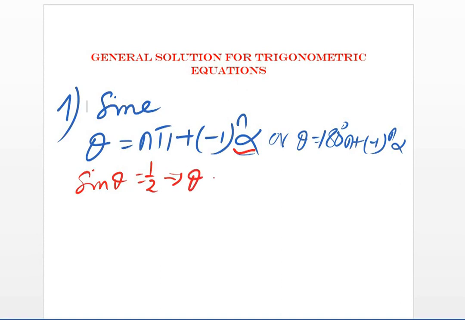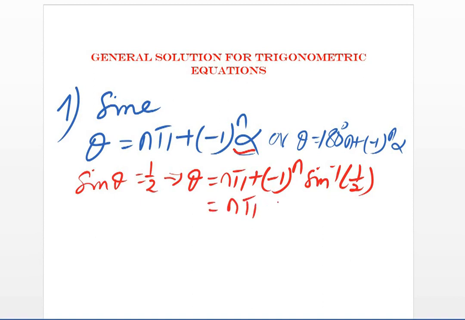So the general solution will be theta is n pi plus -1 to the power n sine inverse of half. And sine inverse of half here, we know is 30 degrees, but in terms of pi, so we have n pi plus -1 to the power n. We have 30 degrees is pi over 6.